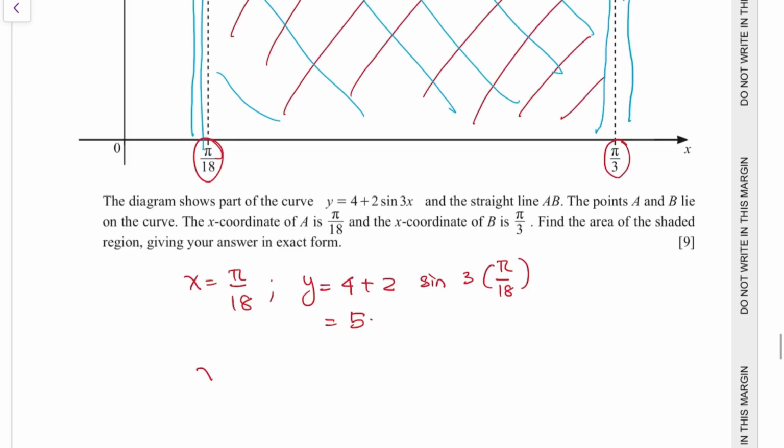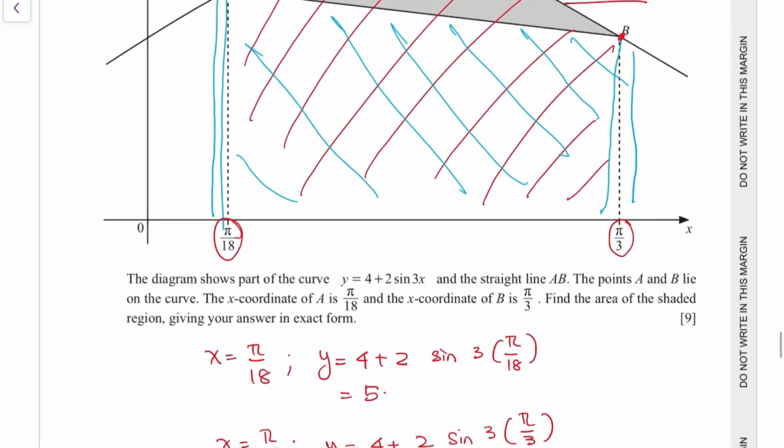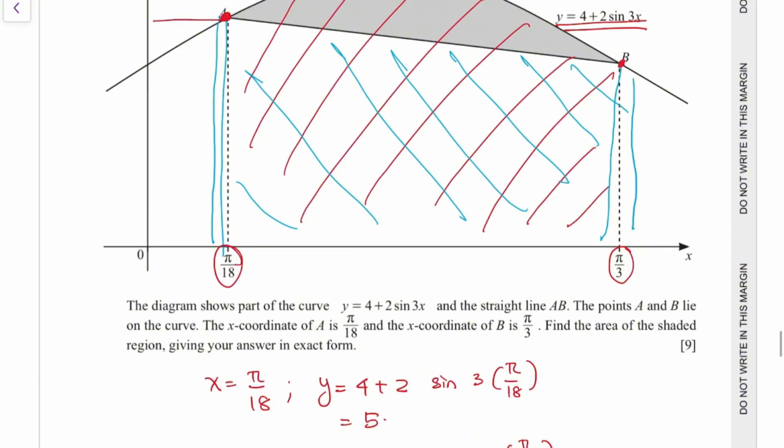When your x is pi over 3, your y is 4 plus 2 sine 3 times pi over 3, which means your y is equal to 4, right? So there you get that this is 5 units and this here is 4 units.